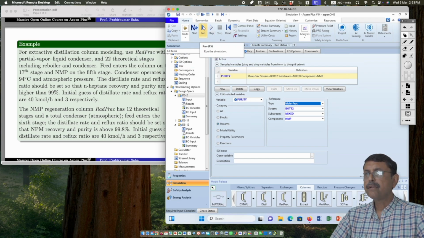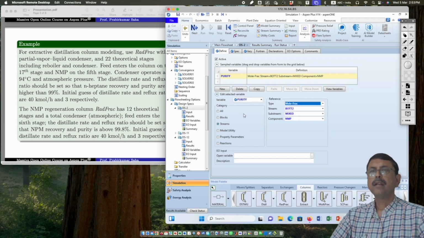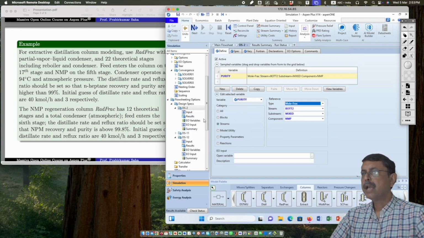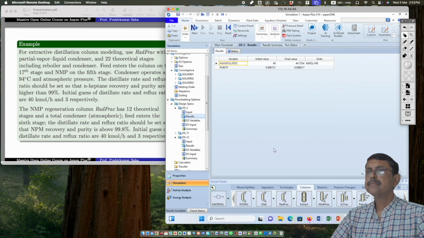Now let us run it. Yeah, now we are getting a solution, and let us check the results. Yeah, so with 40, we were getting 98.8, whereas at 44, we are getting 99.8. Okay, so this is the result.